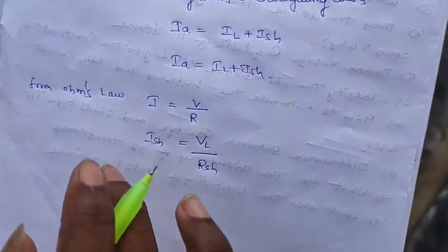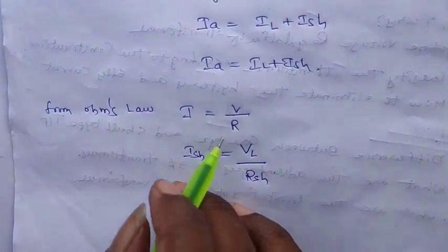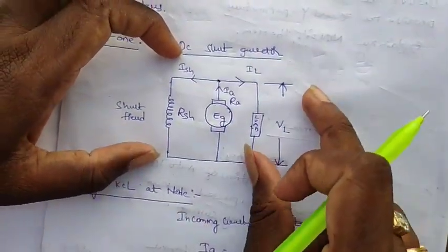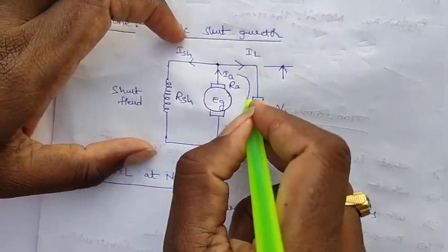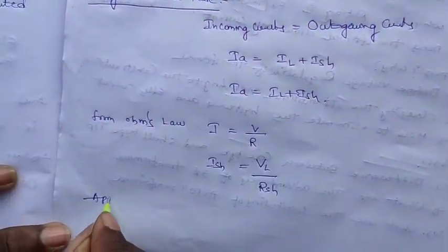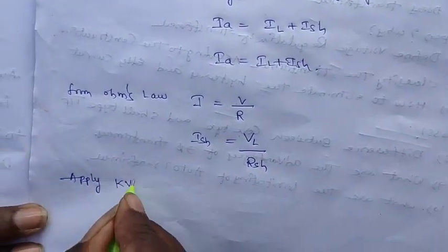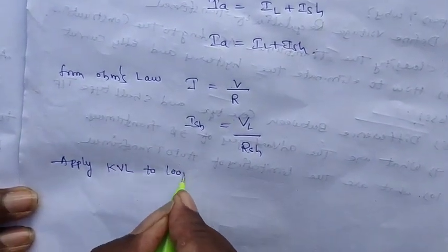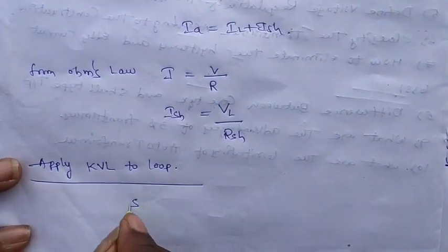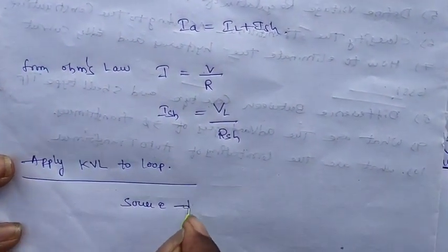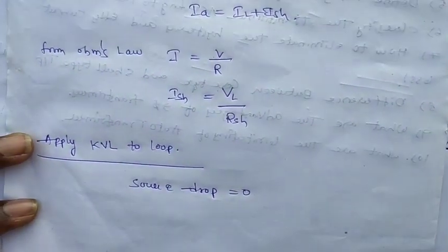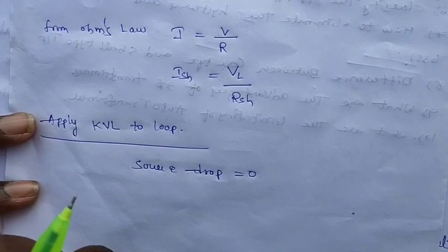So here apply the voltage equations to the loop. Apply Kirchhoff voltage law to the loop. What we said in our class about Kirchhoff voltage law: source minus drop equal to 0.